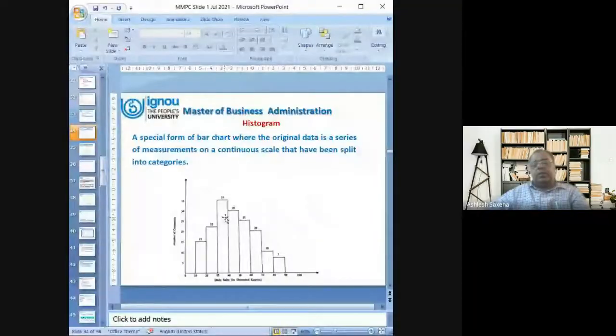In a histogram, no gap is there. They are all joined together. This is how a histogram looks.